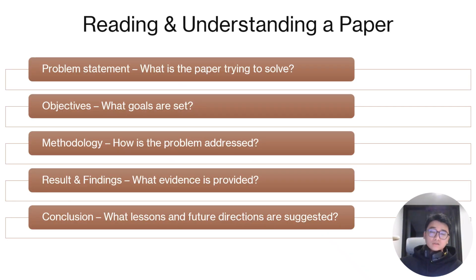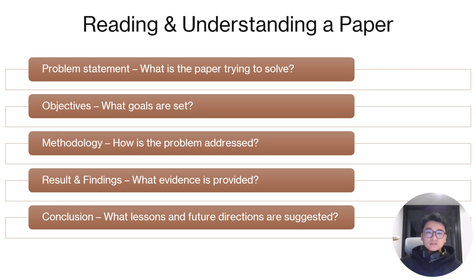Now, the first thing we want to talk about is reading and understanding a research paper. It means more than just scanning the paper. It's an active process where we ask questions, starting with: what is the paper trying to solve?